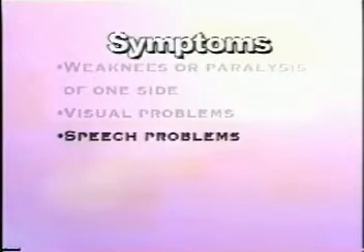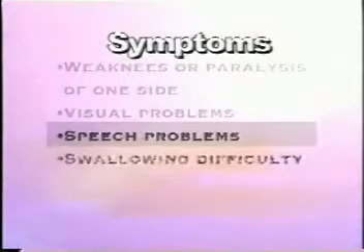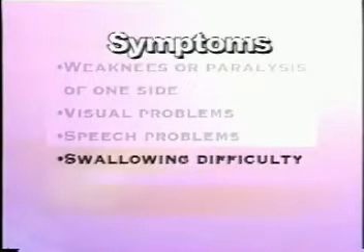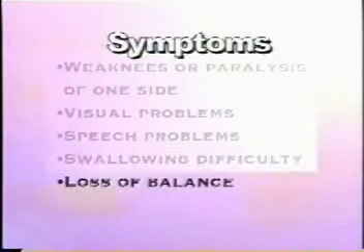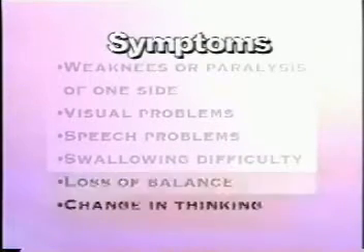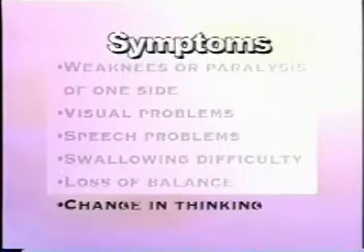There can be difficulty with speech, some slurred speech, some difficulty with swallowing. They may have loss of balance or stumbling that you notice when you're caring for them. Or they might have a change in their thinking, called cognition.